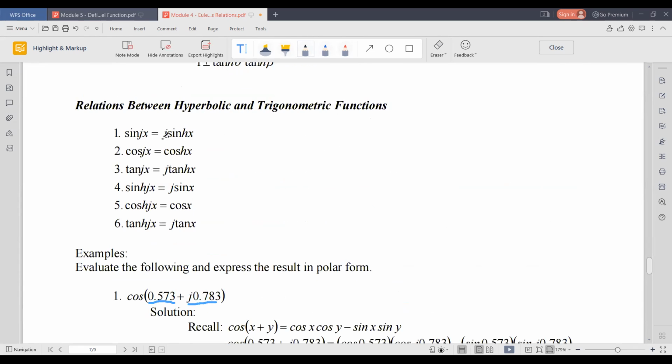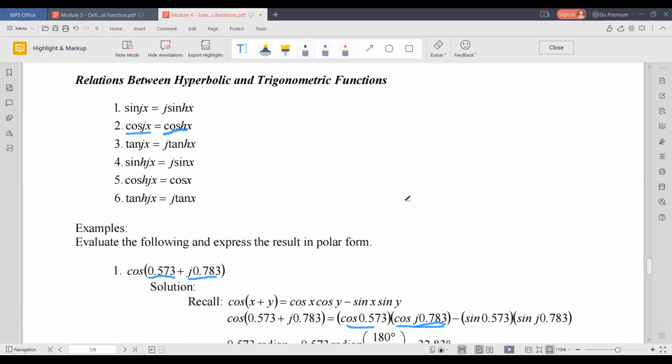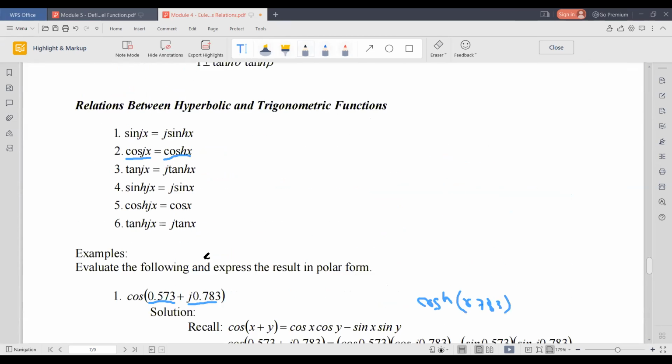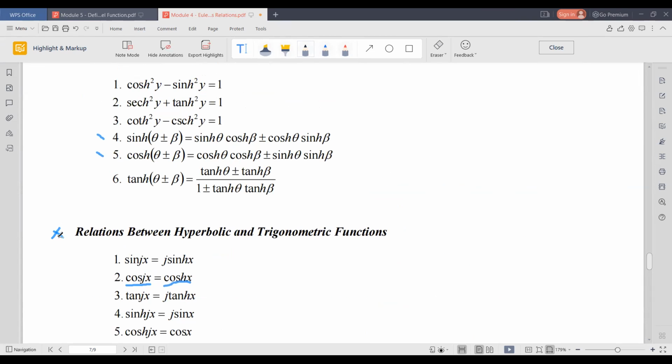Ito yung gagamitin natin. So we have cosine jx, di ba? So that is equivalent to cosine hyperbolic of x. Or in this case, you can just use cosh or cosine hyperbolic of 0.783. Dito. Okay, so take note of this one.